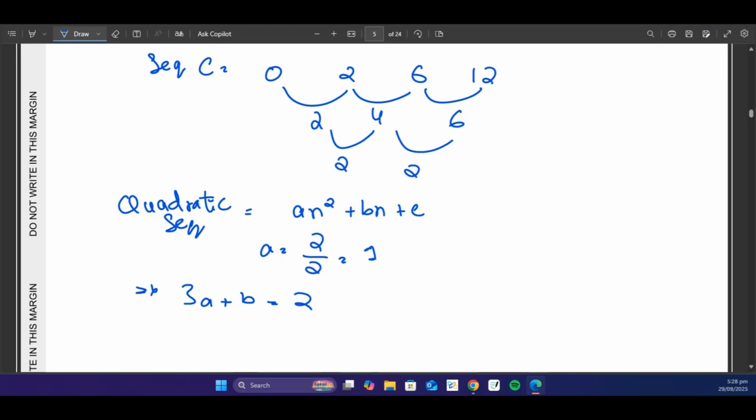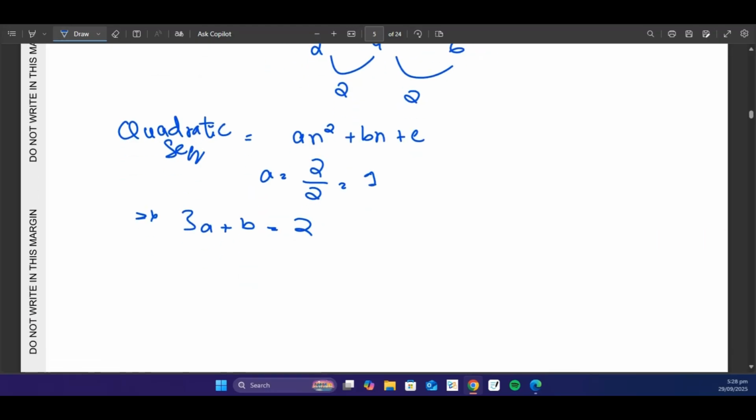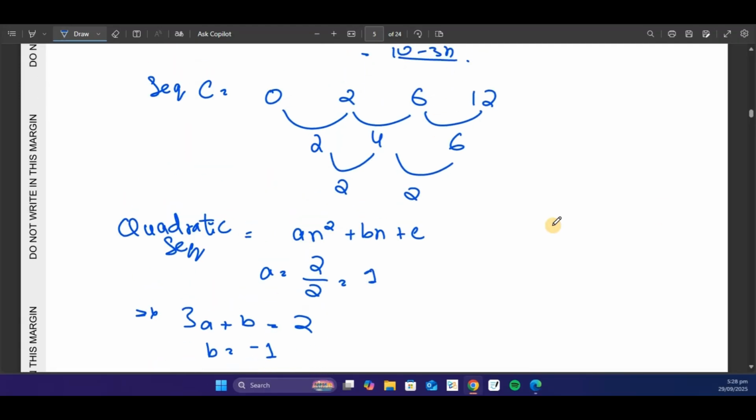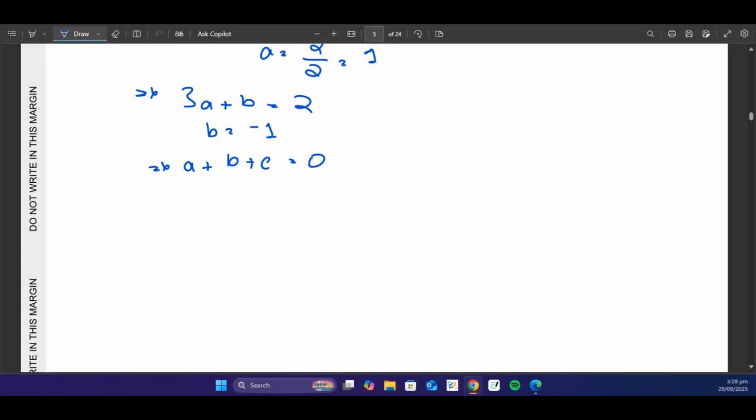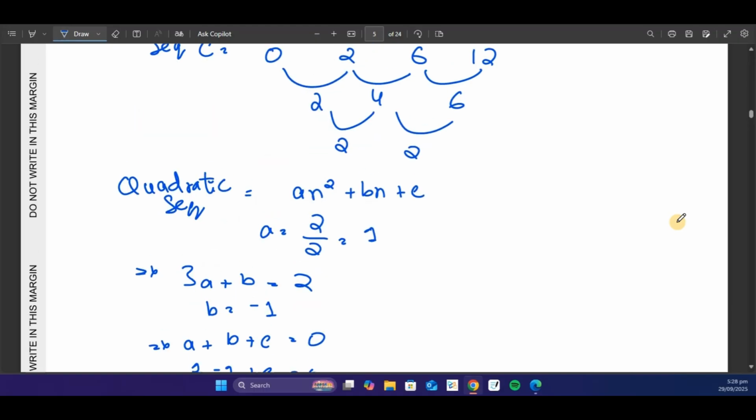Does that make sense? If we solve for b, we get b is equal to minus 1. And similarly, a plus b plus c equals 0. We know the values of a and b: 1 minus 1 plus c. c is 0.